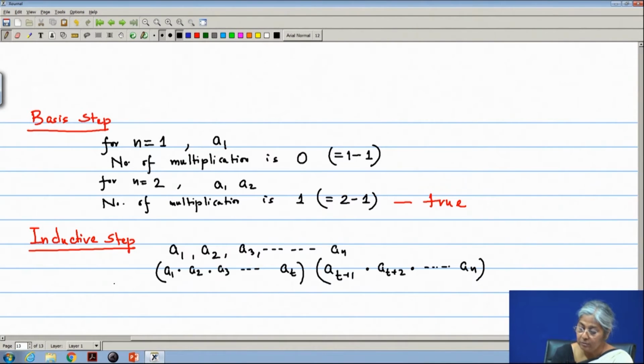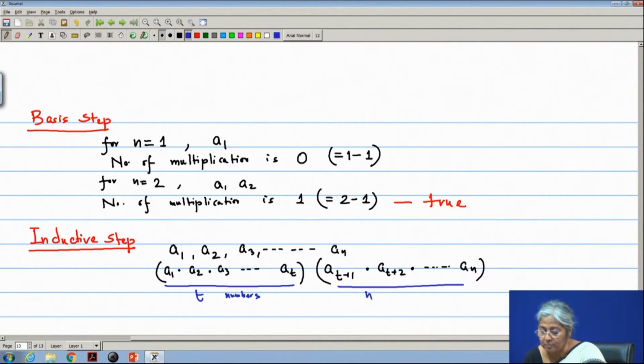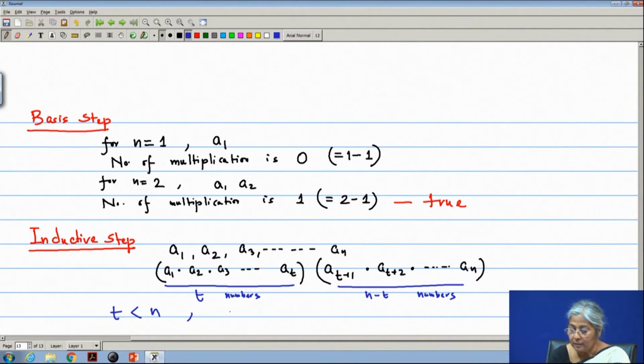First thing is that we partition or we insert parenthesis, so that t numbers we multiply and the rest n minus t numbers. These are t numbers and these are n minus t numbers. So, here t is less than n as well as n minus t is also less than n.